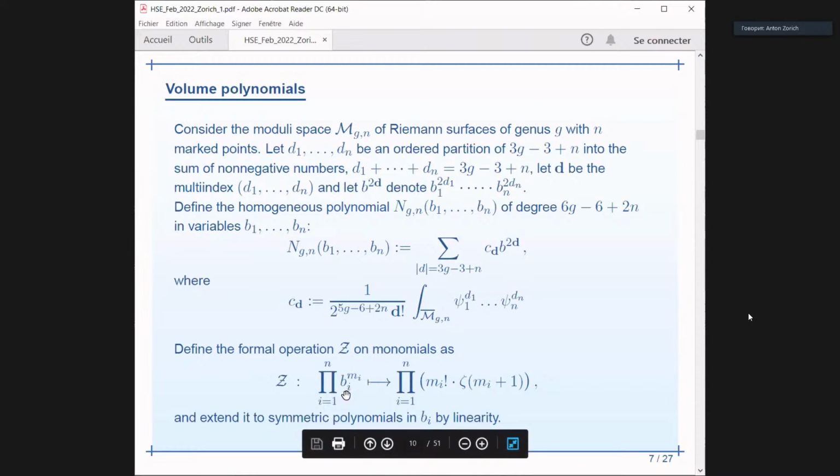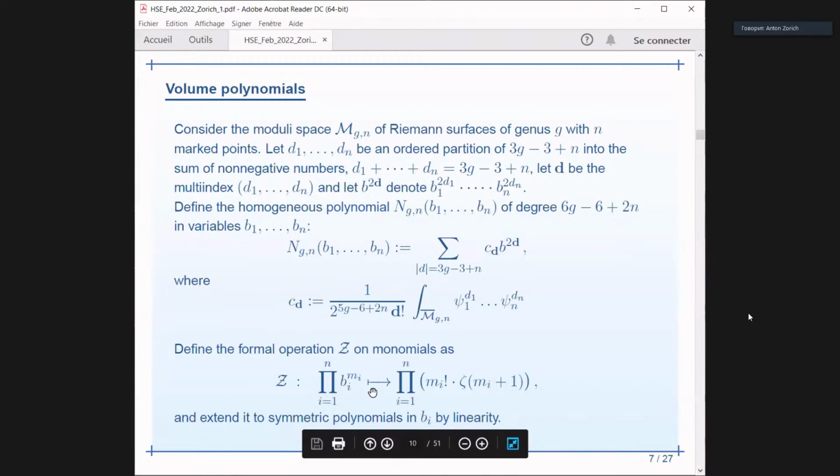So I have n variables, b1, etc., bn, and to every monomial in b's, I will associate the number which records the power of each variable and takes the factorial of this power, then multiplies by this funny zeta, where you take the corresponding power and shift by 1, and then you take the product with respect to all variables from 1 to n.